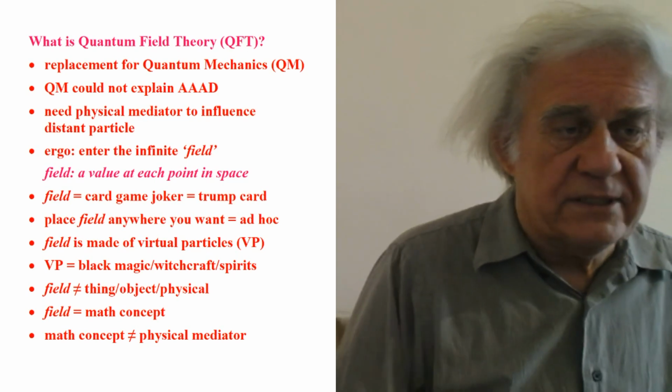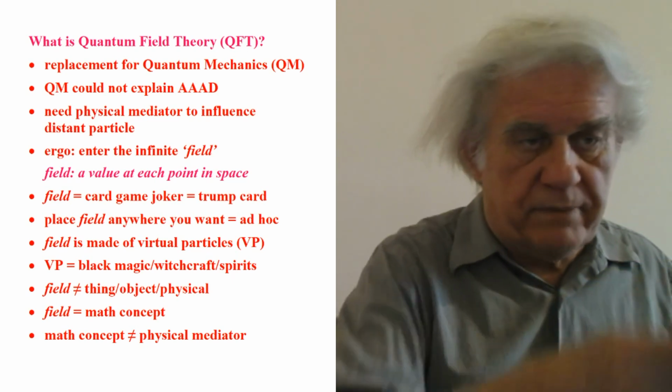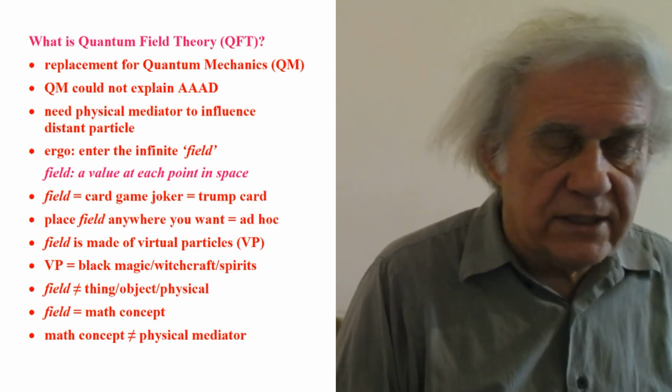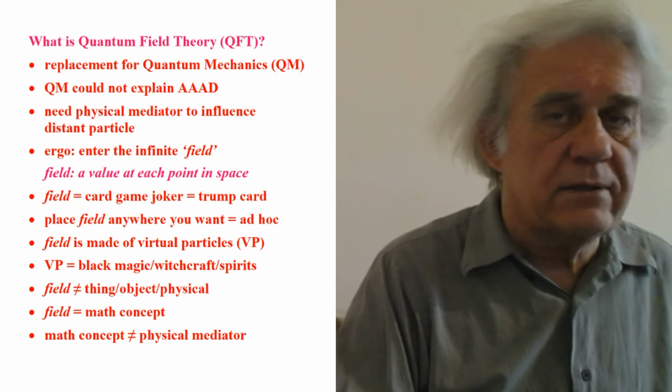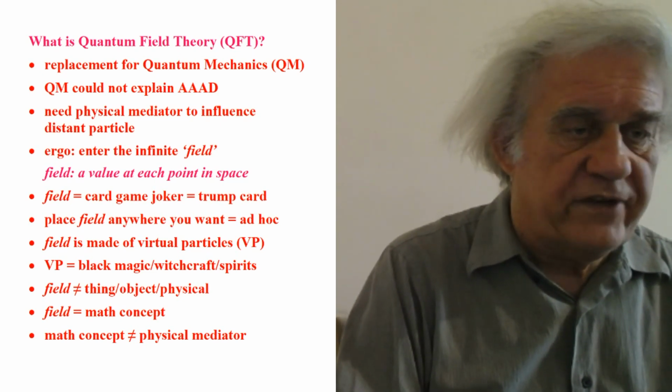Okay, so the problem is that field is not a thing, not physical. Field is a bunch of numbers by definition. Okay, so let's keep that in mind. It's a mathematical concept, and a mathematical concept is not a physical mediator. So the word field is a terrible word for physics, but they use it in mathematics, in the religion of mathematics, meaning that they're going to be doing some calculations, and they're going to call that bunch of numbers a field.